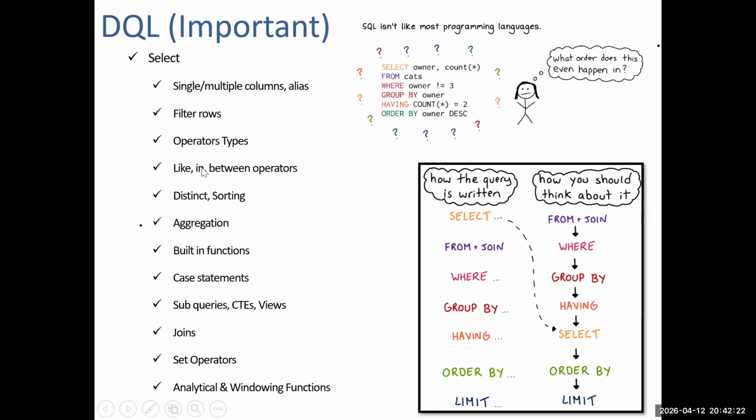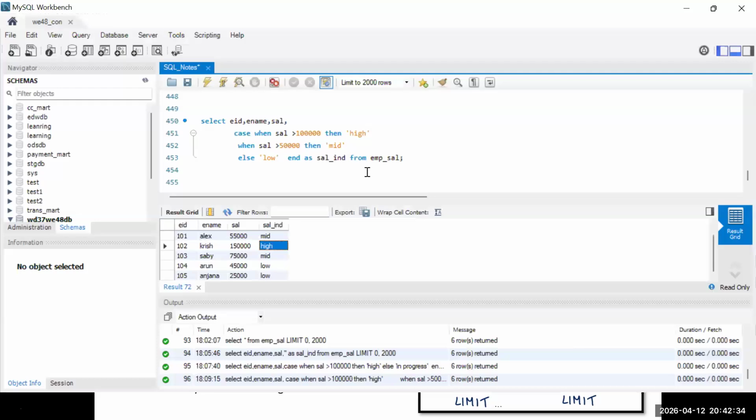Distinct I covered, in and between covered. In we have to, let's see, let's cover the in also. Okay. Any questions, guys, with this? Here, if I'm giving 1, 2, 3, what will happen, guys?